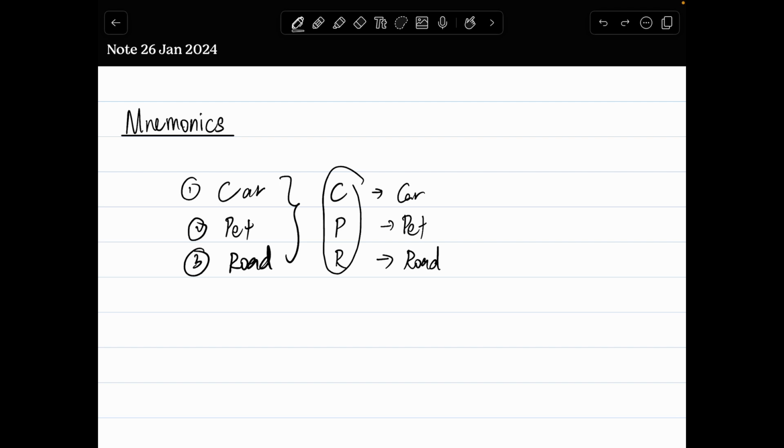Let me show you an example which is very well known. I think some of you might know it, which is the order of the planets in the solar system. So what you would do here is first list out the planets in order.